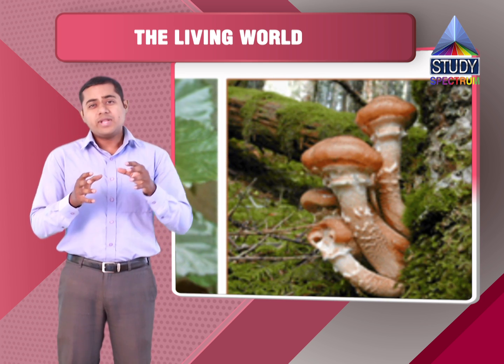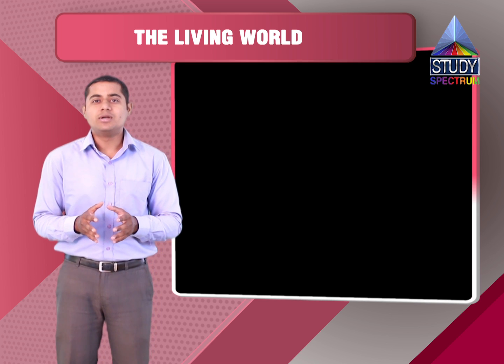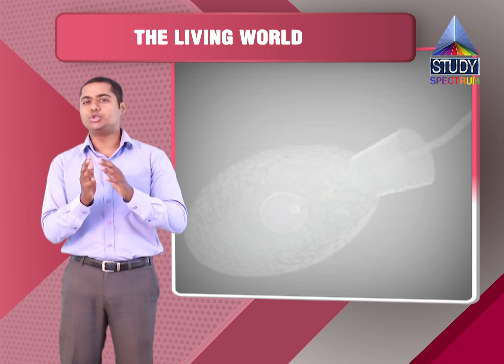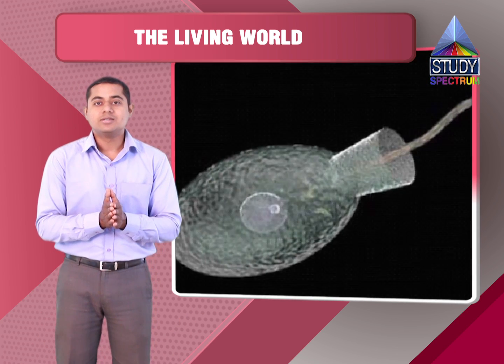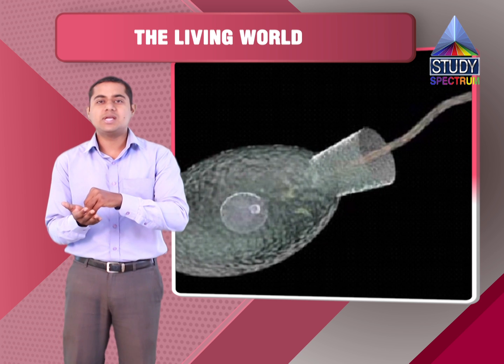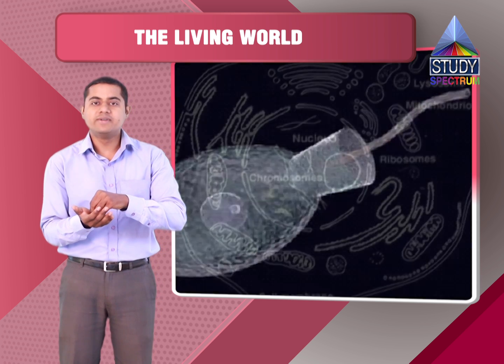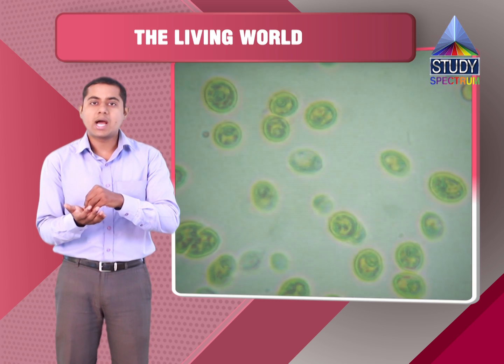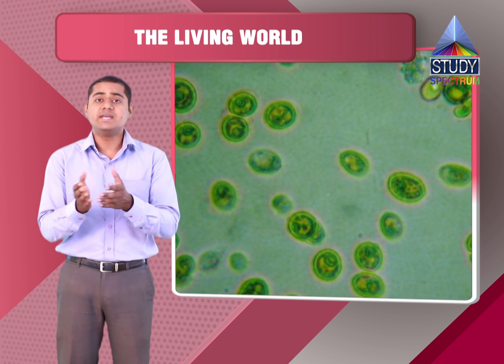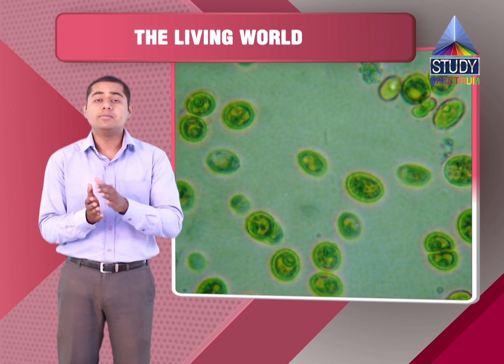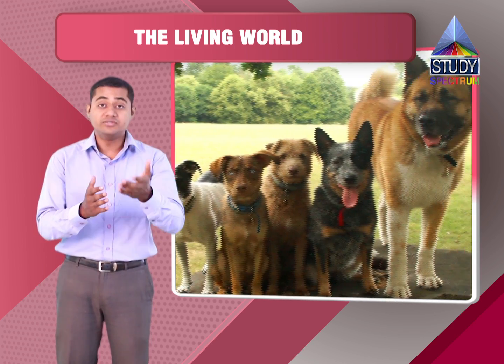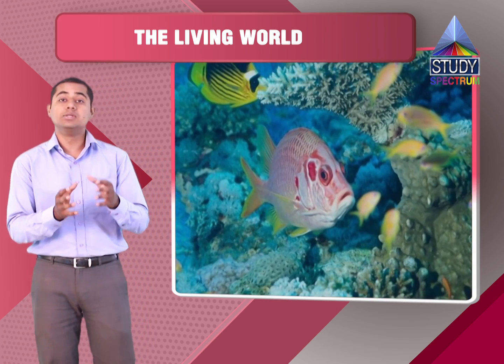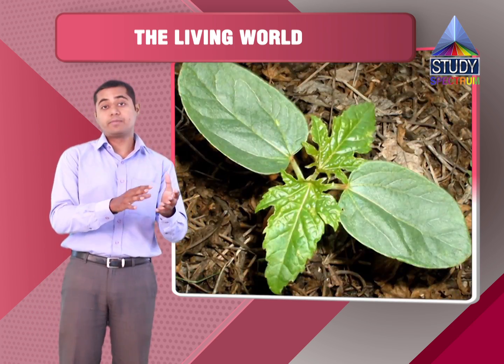So when we try to study this living world, huge diversity, right? Starting from single-cell living things, be it an amoeba, paramecium, chlorella, or maybe a fungus, yeast, or maybe higher animals, maybe pisces, those are the fishes, or amphibians, animals, plants, or flowering plants.